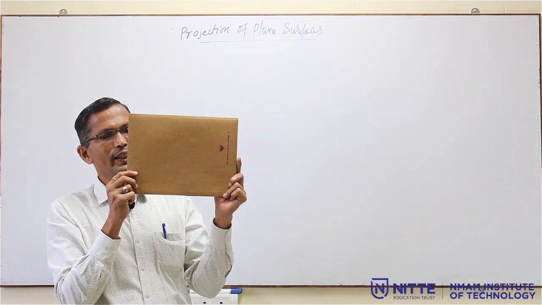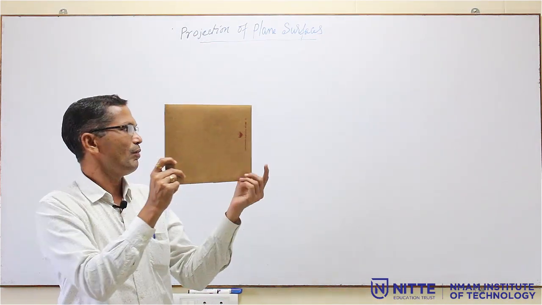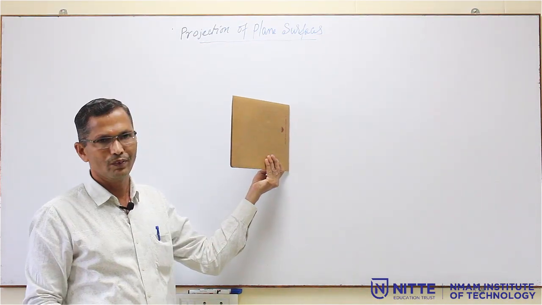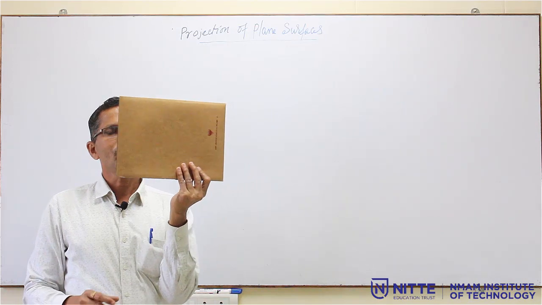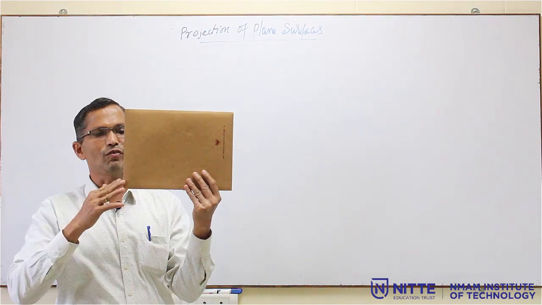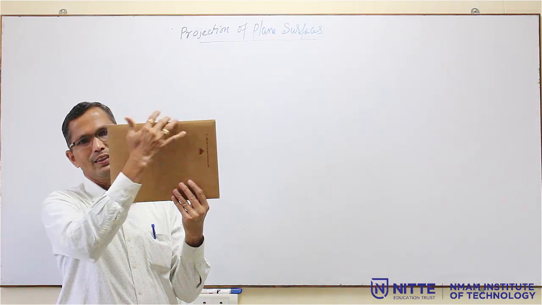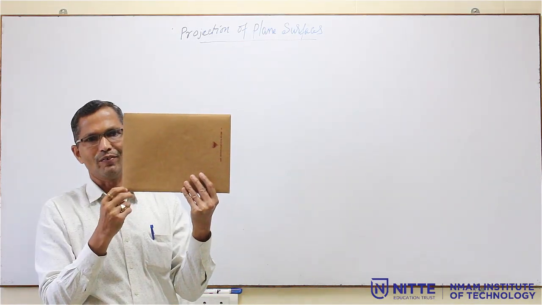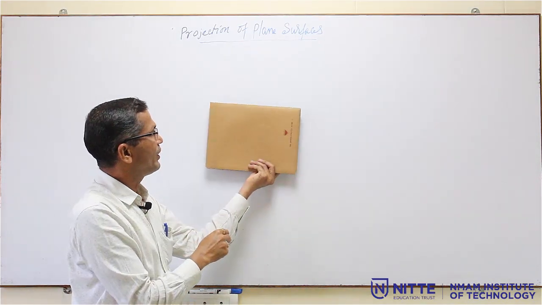Now, if I go on giving some inclination with respect to VP like this, what is the front view now? Front view will be a rectangle. For example, if this length is 100 and this length is 50, in this position the front view is a 50 into 100 rectangle.